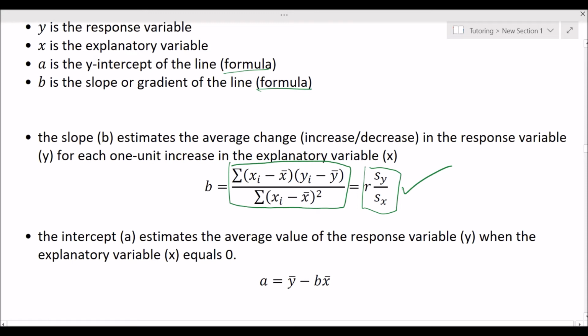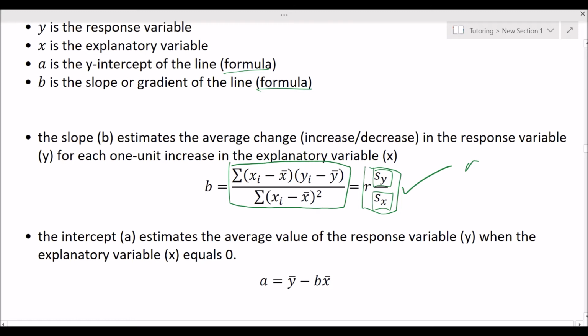There might be a question that gives you the correlation coefficient, which is r. It might give you the standard deviation of the y variable. It might give you the standard deviation of the x variable, and you have to substitute all of those values in to get the slope. If you remember, the slope estimates the average change in the response variable for each 1 unit increase in the explanatory variable.